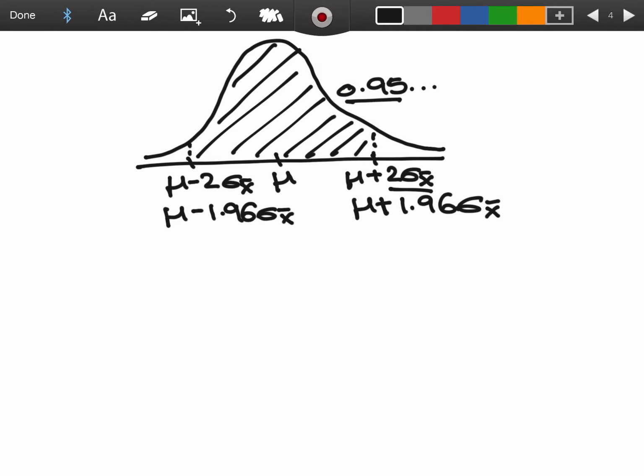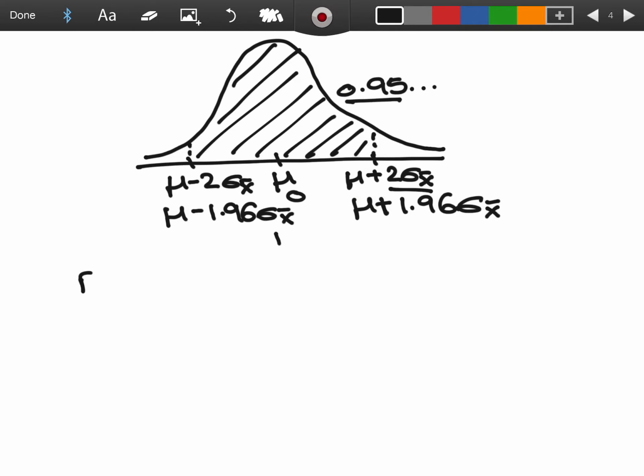So if that is the case, going back to when we did z values, remember, z-scores for a z distribution, you have a mean of 0 and a standard deviation of 1.